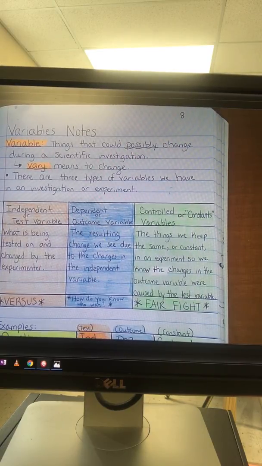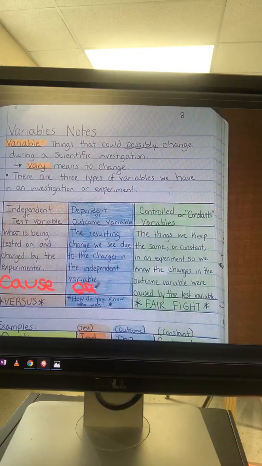Your dependent variable is what you are really measuring, what result, what outcome you are measuring to see the effect of the change you made in the independent variable. You could really think of this as a cause and effect relationship. Your independent variable is your cause, and your dependent variable is your effect.